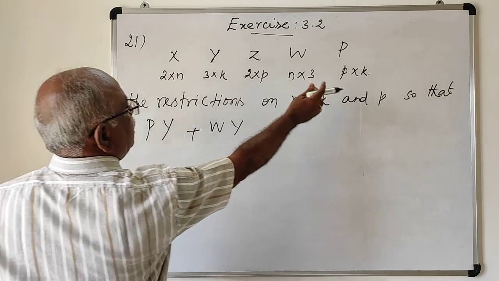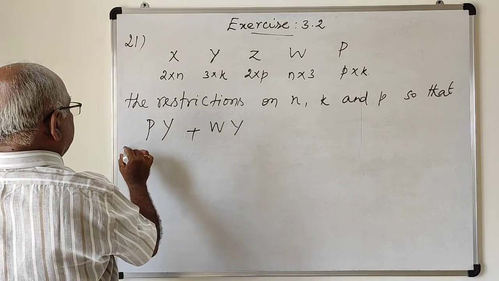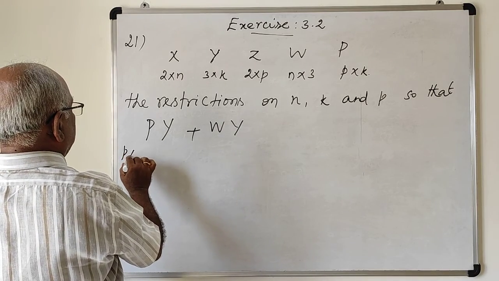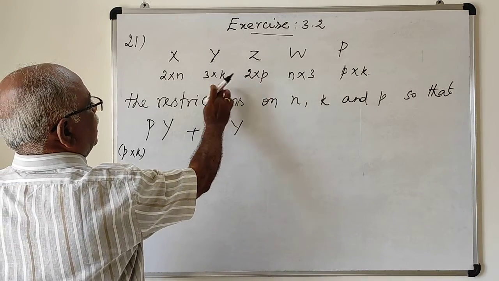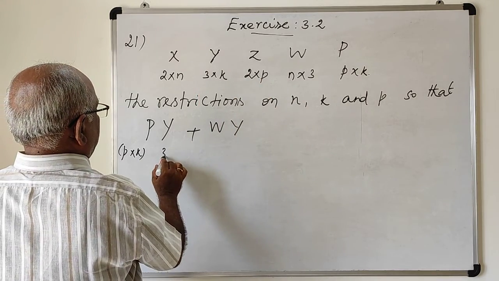P is of order p into k and Y is 3 into k.